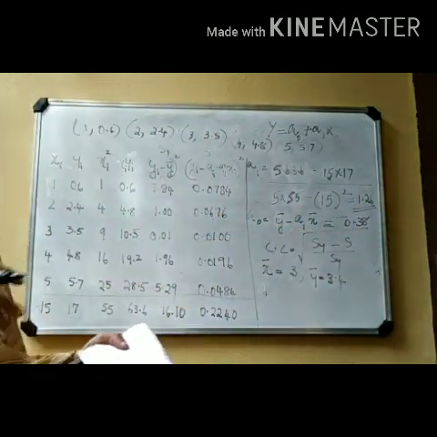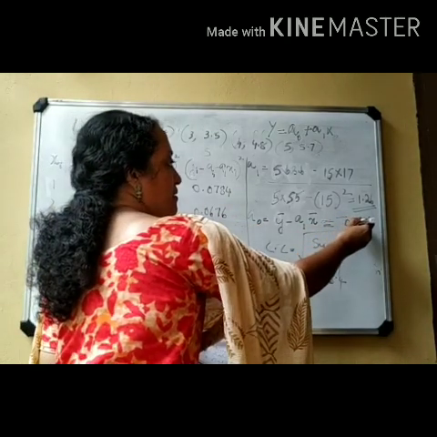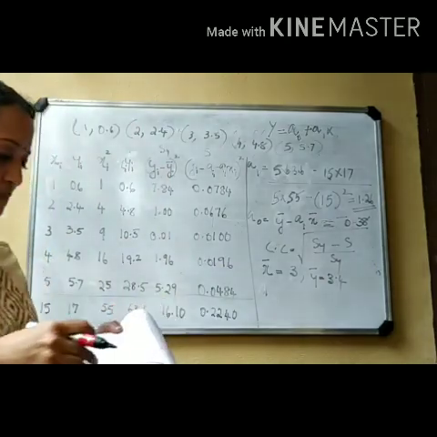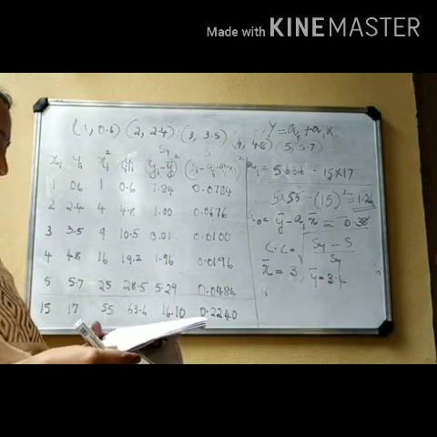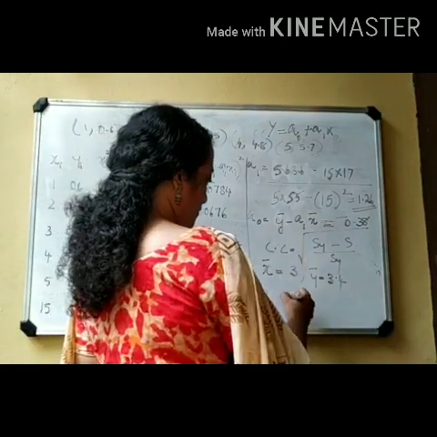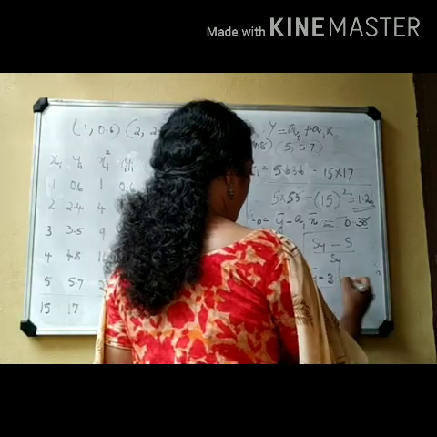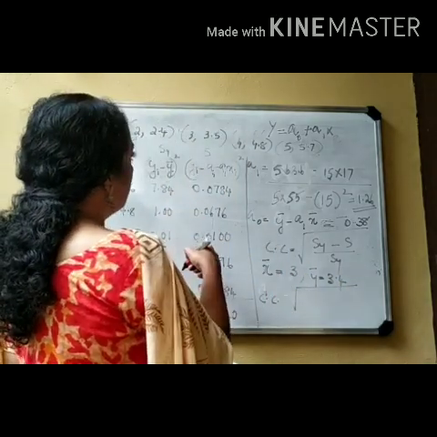Lack of space, I am not writing all these steps. You may substitute and calculate. So the value of A0 is minus 0.38, and the correlation coefficient is, when we substitute the values, Cc is equal to root of Sy minus S by Sy.